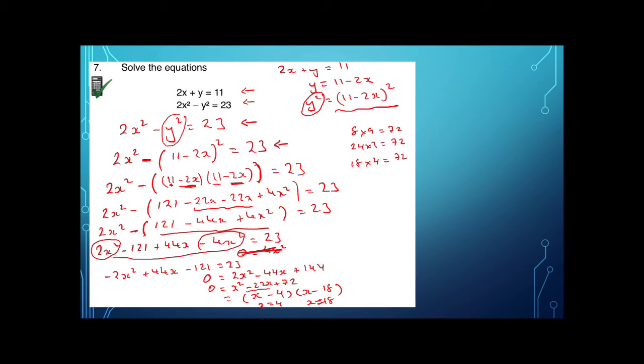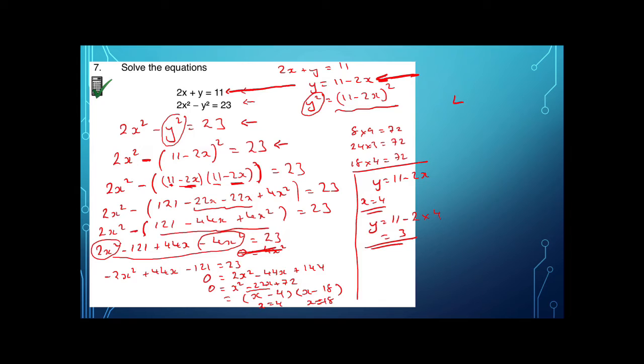Okay, we want to find the corresponding y values. Let's go to the most simple equation, which is y is equal to 11 minus 2x. I created that one there, if you'd noticed, which was just that rearranged. So the y value, when x is 4, y is equal to 11 minus 2 times 4, which is 8. 11 minus 8 is 3.